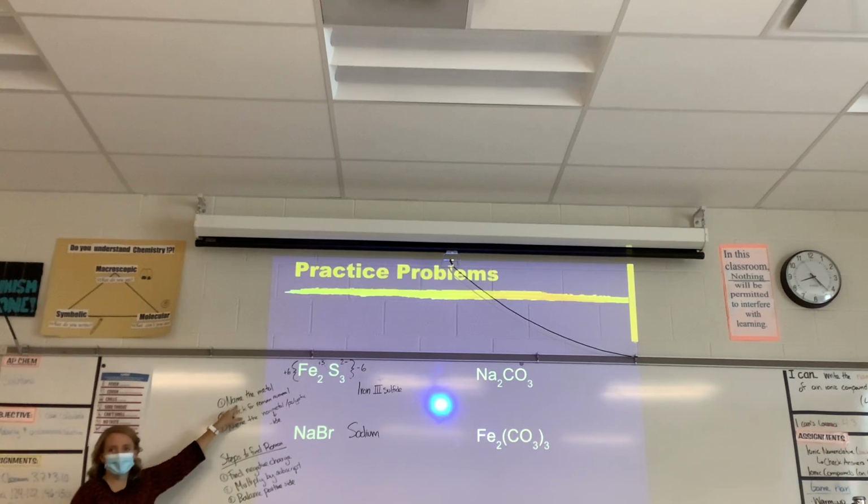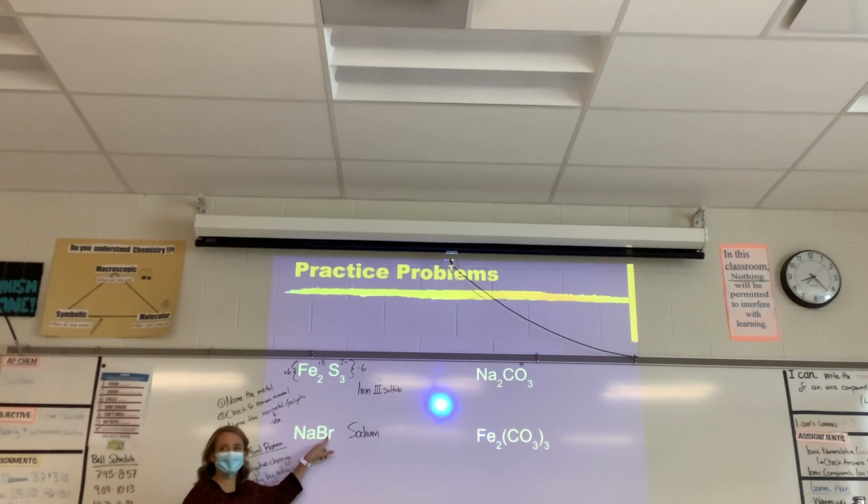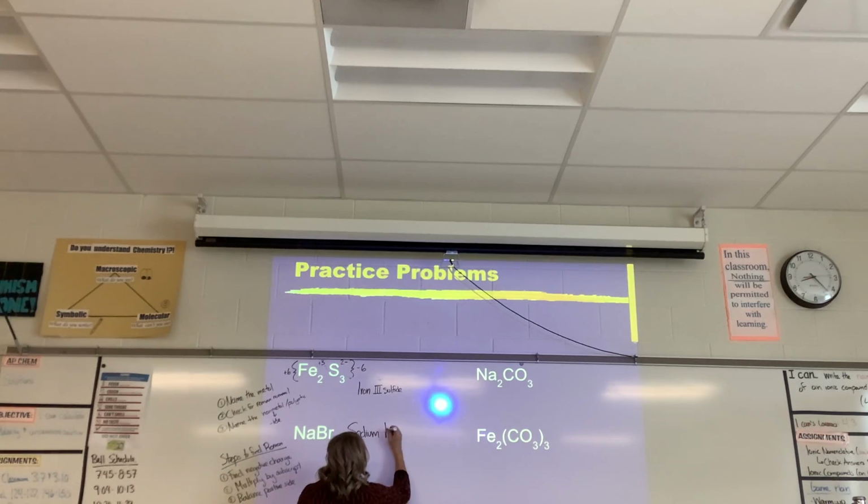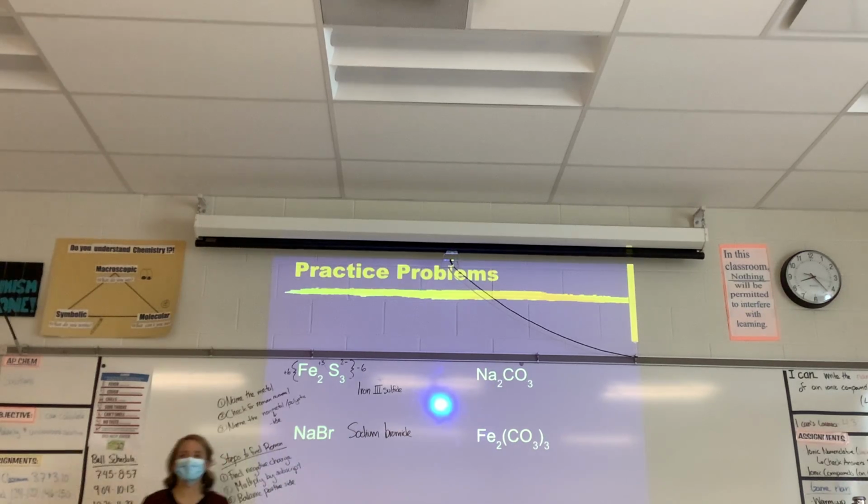We named the metal. Step 2, do I know sodium's charge from its location on the periodic table? Yes. So we don't need a Roman numeral. So then we skip to step 3. Br is bromine. It becomes bromide. Sodium bromide, and you're done.